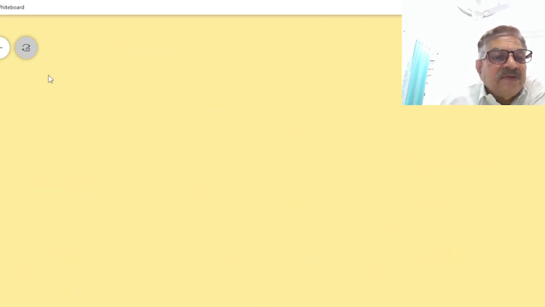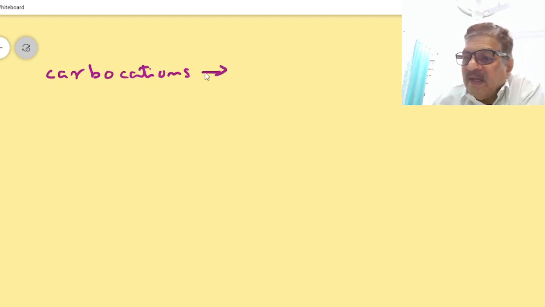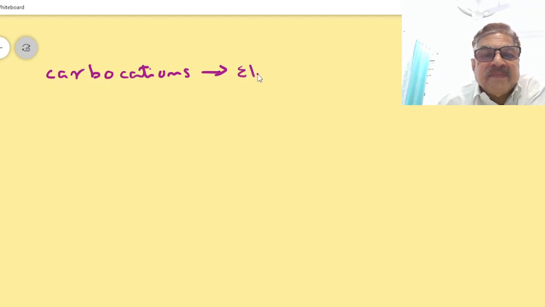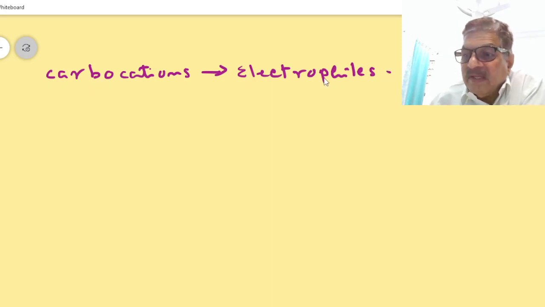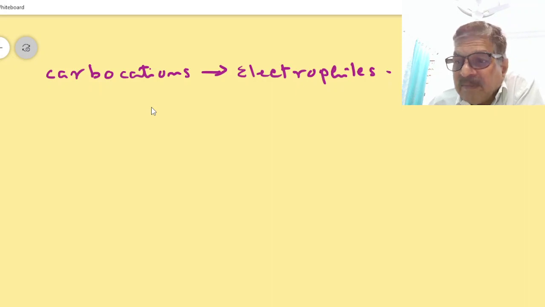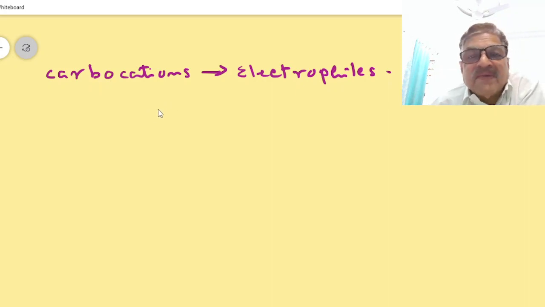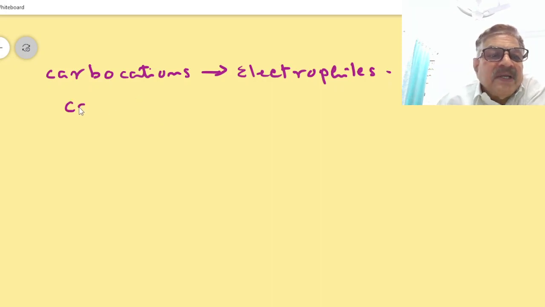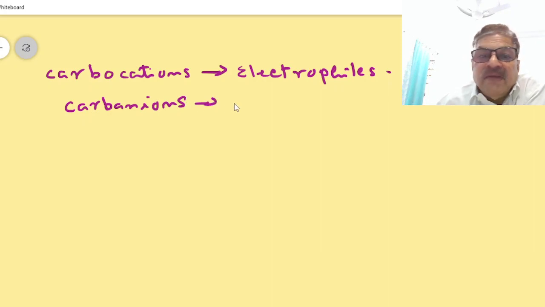So carbocations are all electrophiles, electron-loving species, because they have a positive charge. A carbocation has a positively charged carbon atom, therefore it loves electrons to have more electrons. They are electrophiles. Now, carbanions are nucleophiles.